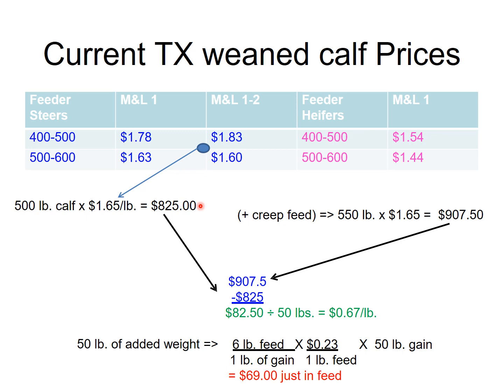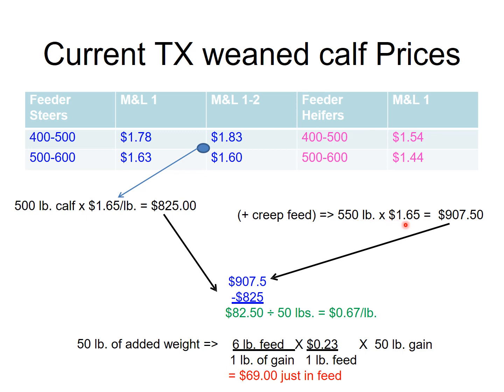Well, let's say we fed them creep feed, and our calves didn't weigh 500. They actually weighed 550 because we fed them creep feed for about 2 months, from about 4 to 6 months when we sold them. We put another 50 pounds on them. I'm not going to change the price.